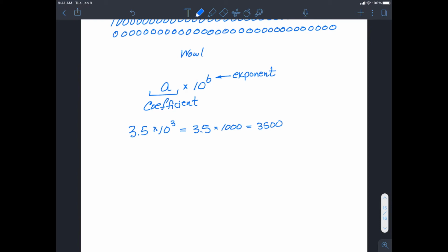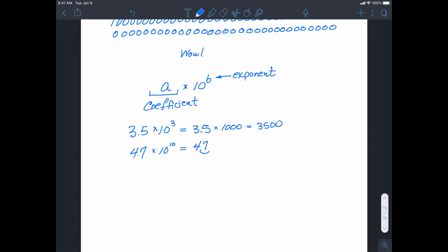Let's take a much bigger number. 4.7 times 10 to the 10th. Now I can write out 10 to the 10th, but the way to write this number without writing out 10 to the 10th first is to take 4.7 and move the decimal point over 10 places to the right, adding a 0 when necessary.